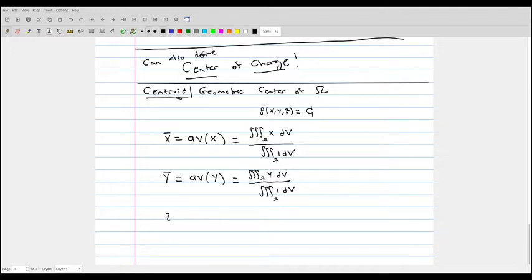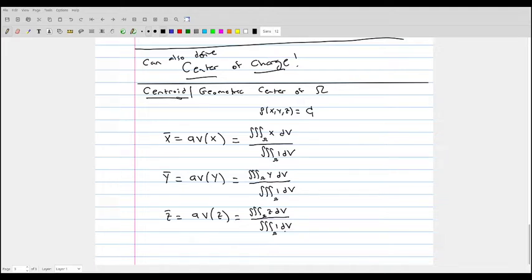And the z coordinate of the centroid is going to be the average value of z, which is the triple integral of z over the region divided by the triple integral of 1, which is the volume of the region.